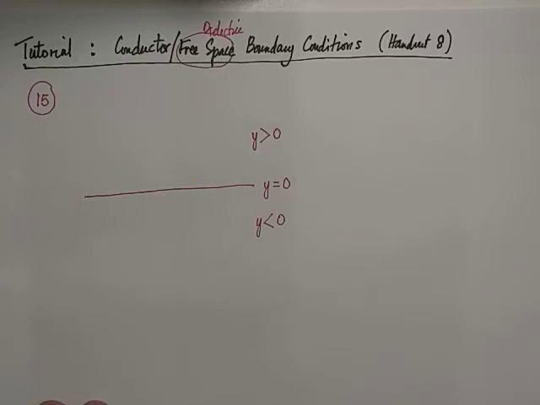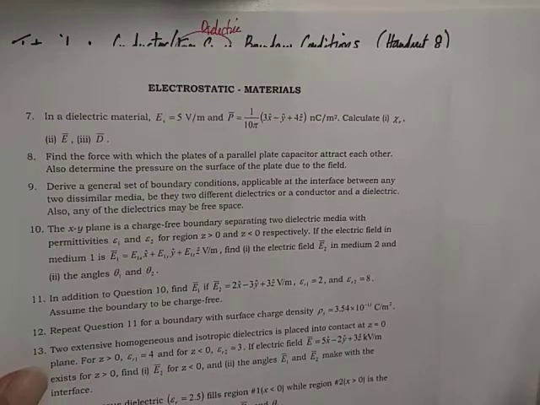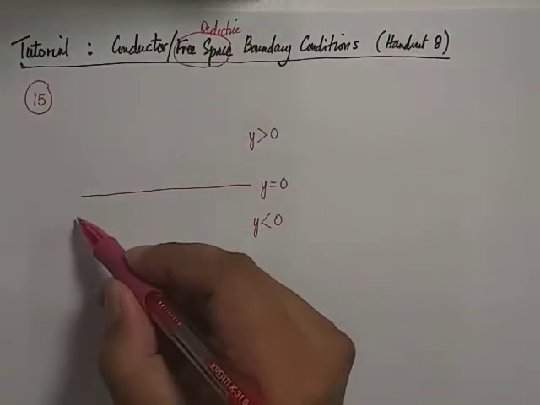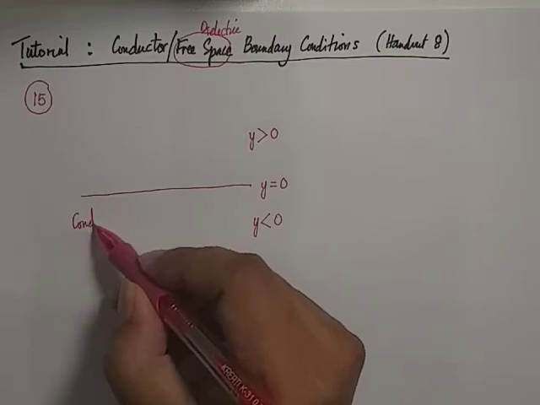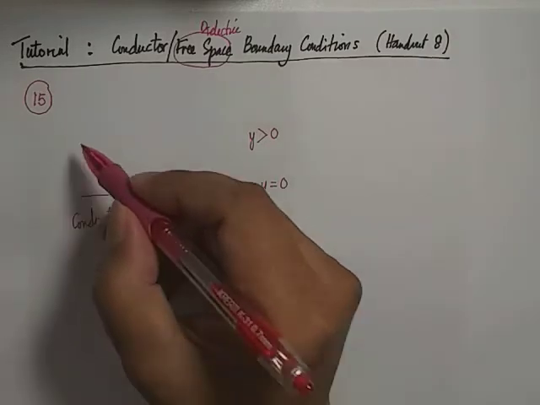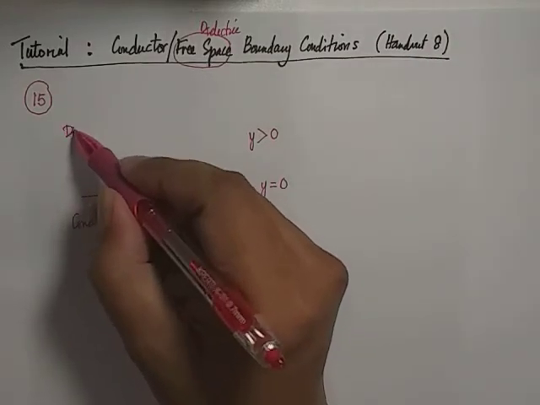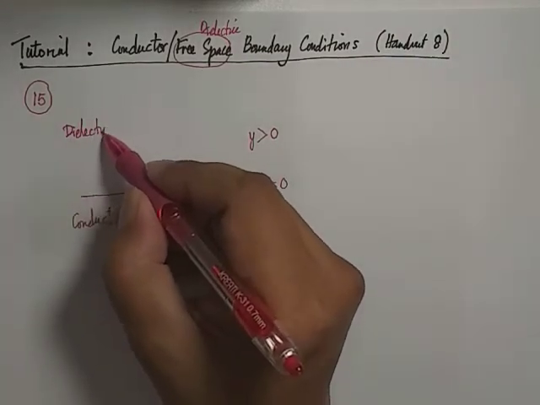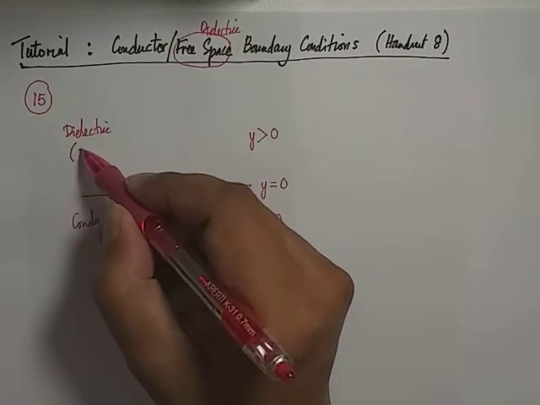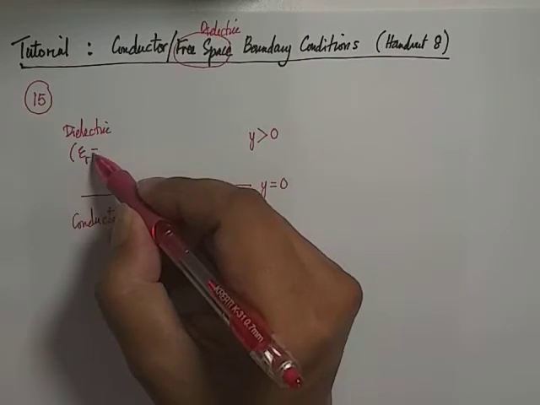Which region contains the conductor medium? As stated in the question, the region where y is smaller than 0. So this should be our conductor, and the region above should represent our dielectric. For the dielectric, the value given by the question is epsilon r equal to 2.